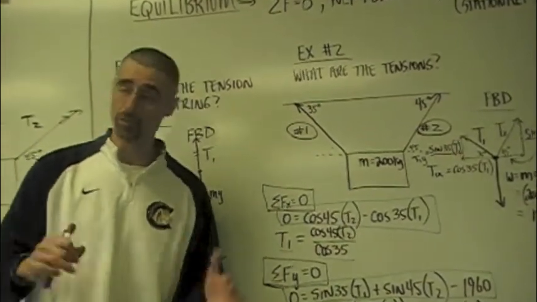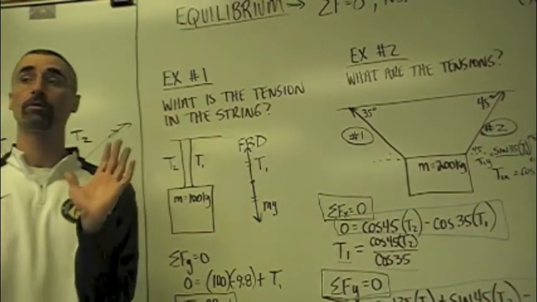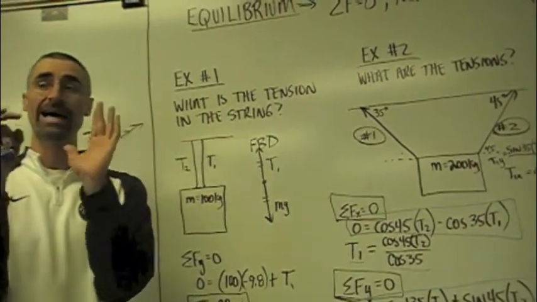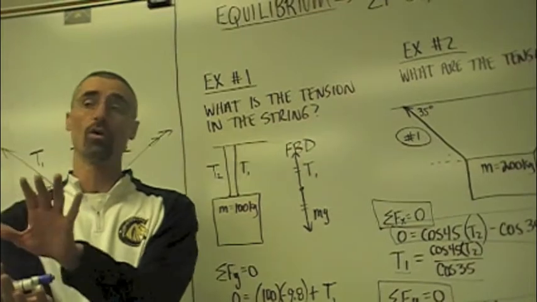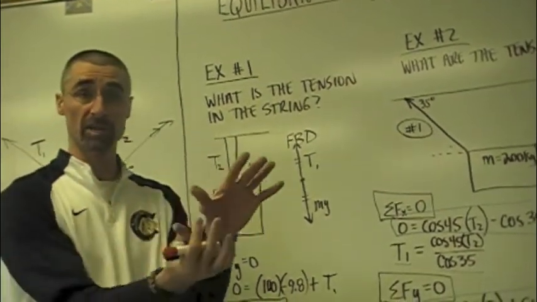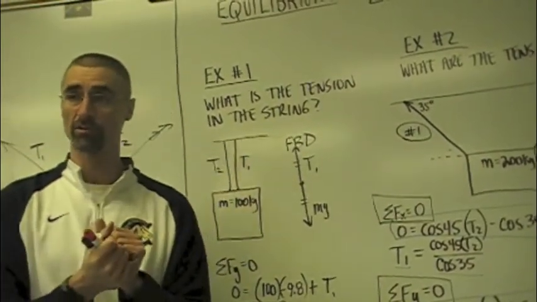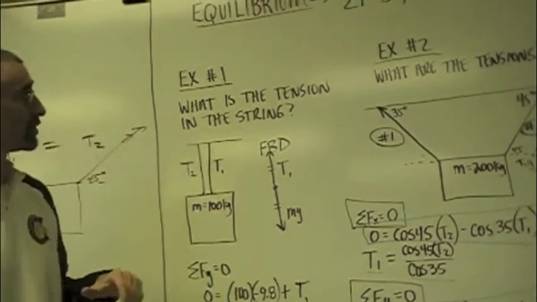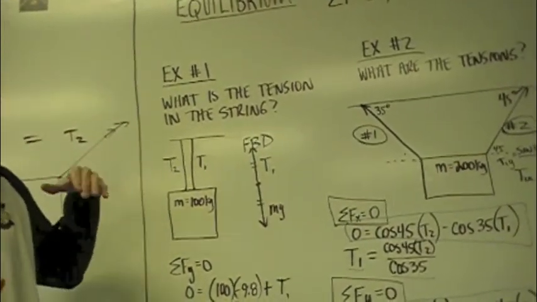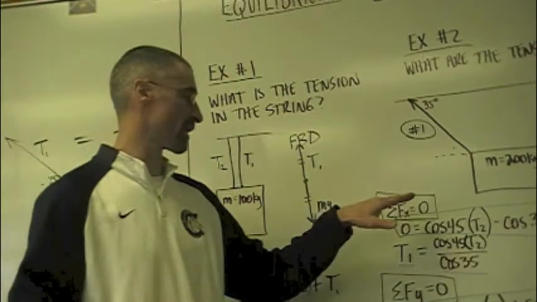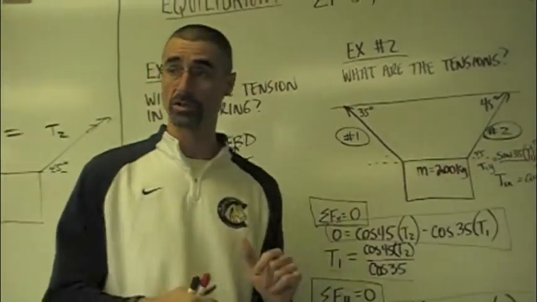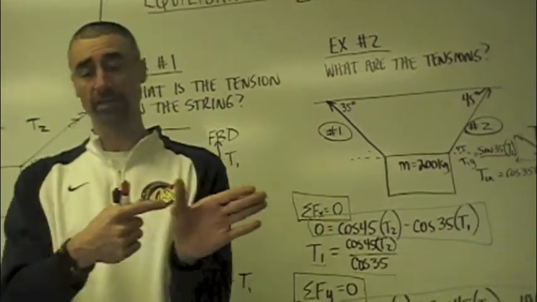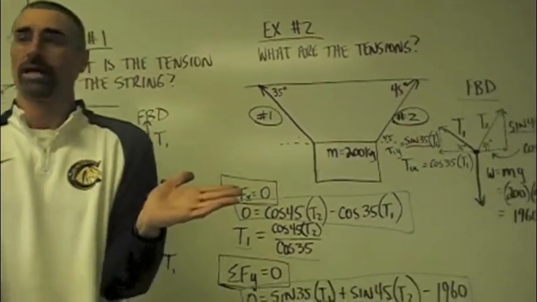Okay? So to review, equilibrium problems: whenever it says it's not accelerating, or it's sitting still, or it is moving at a constant velocity, that means it's in equilibrium. And when it's in equilibrium, you can apply the problem-solving strategy where you sum all the forces and set them equal to 0. If they're acting in one direction, that's just real easy.